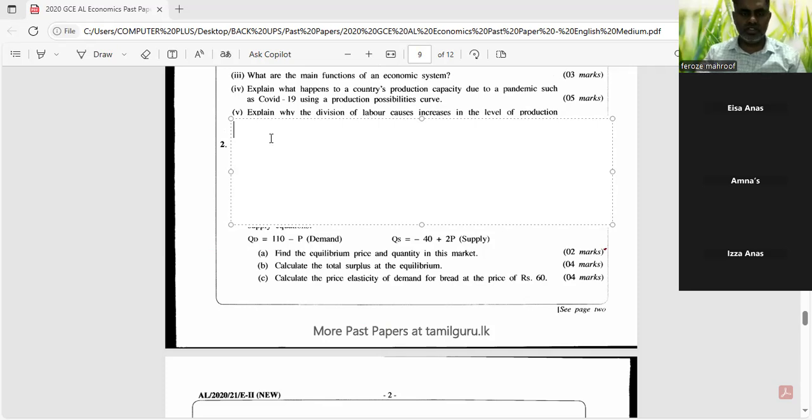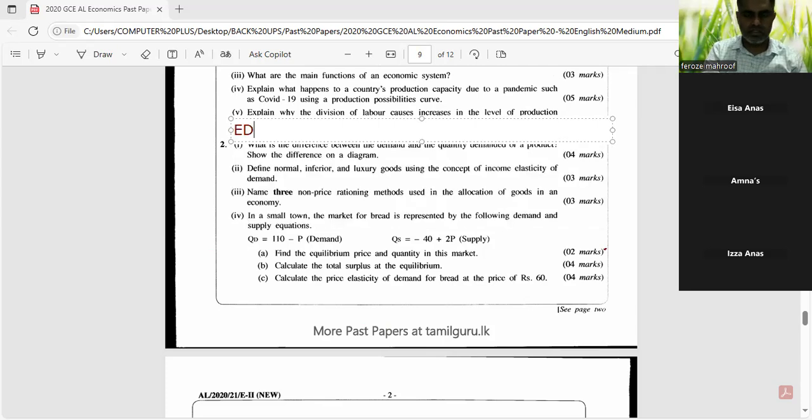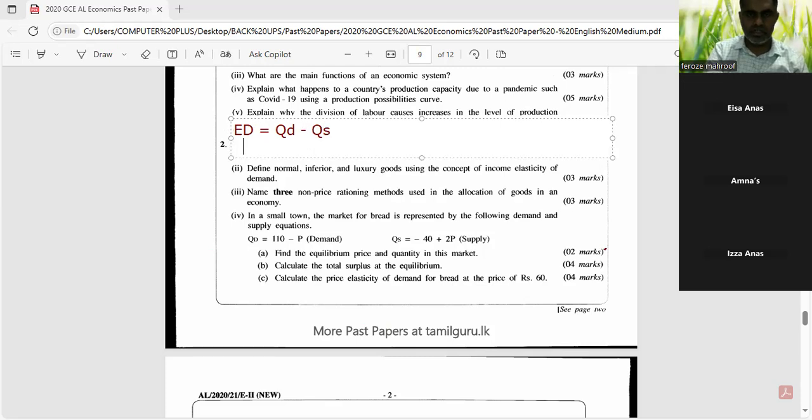Okay, check your answers. Excess demand is equal to QD minus QS. QD is 110 minus P, minus QS, open bracket, minus 40 plus 2P, close bracket.